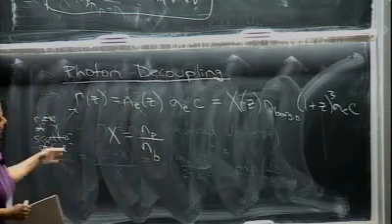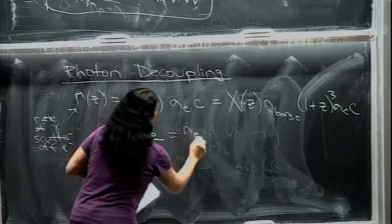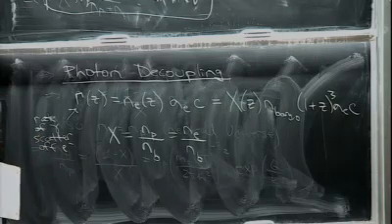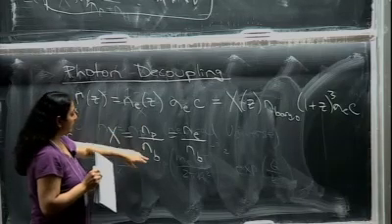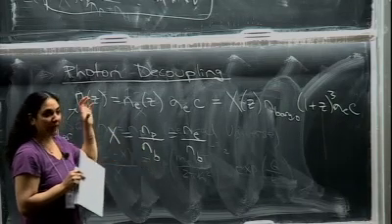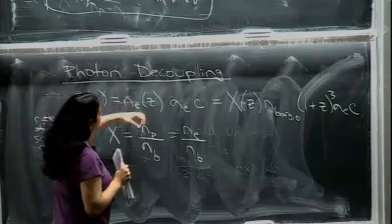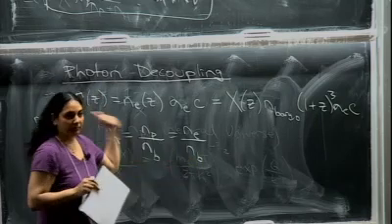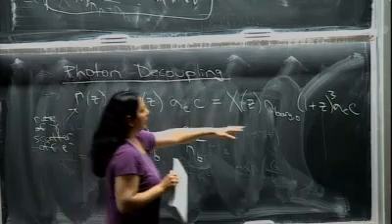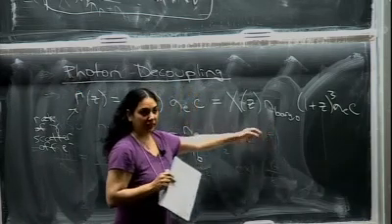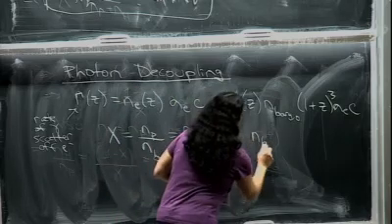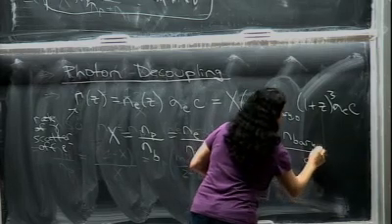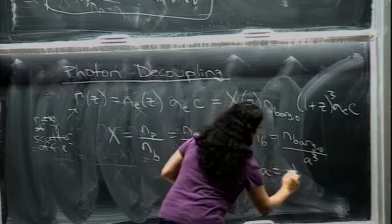And Ne equals my free protons, because the stuff in the hydrogen atom is in my baryons. So if I want this, then I've got X times N baryon, but that's N baryon back then. And if I want N baryon today, then I have to divide by a cubed. So N baryon today is divided by a cubed. And we remember that a is 1 over 1 plus z.